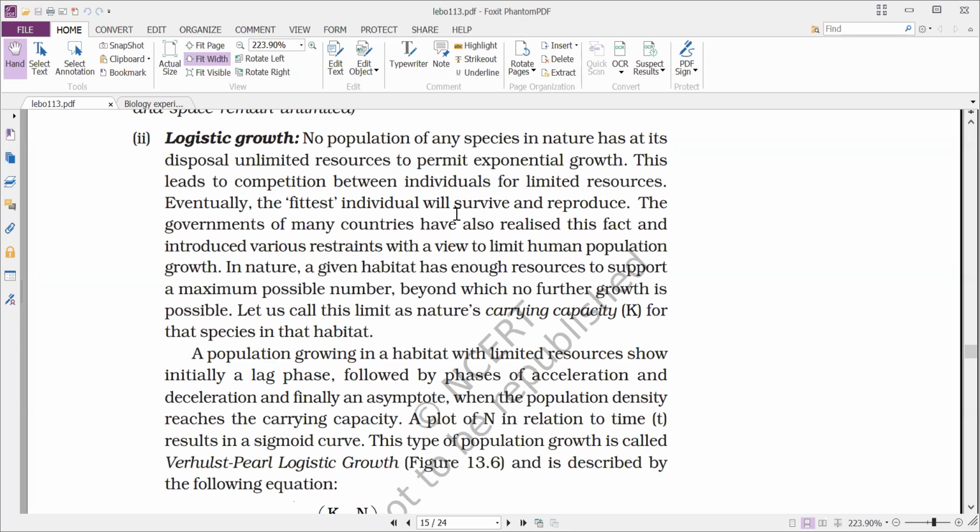So what is that number called? Let us call this limit nature's carrying capacity, which is denoted by the letter capital K for that species in that habitat.